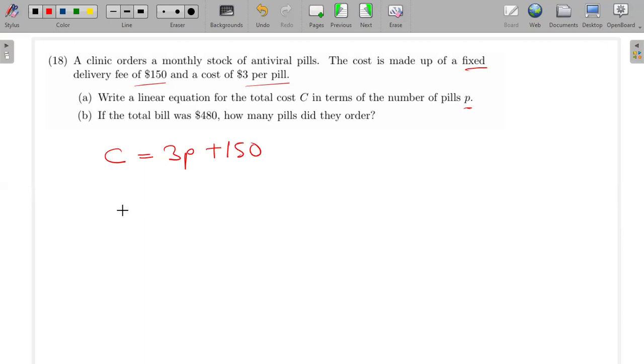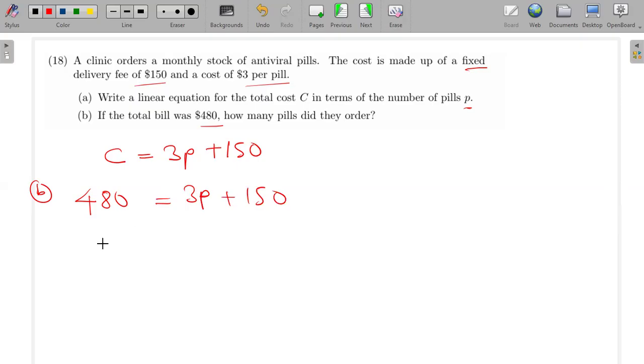Then part B tells me the total bill is 480, and asks how many pills they ordered. So if the total was 480, 480 is my cost. I put my cost there. Now I need to find P. So that would be 3P plus 150.